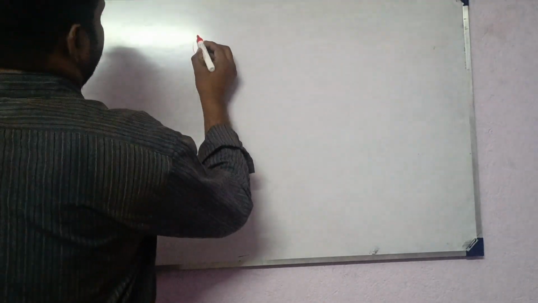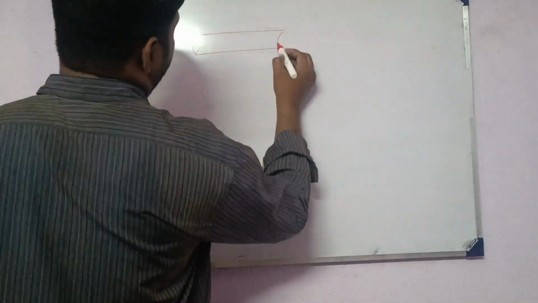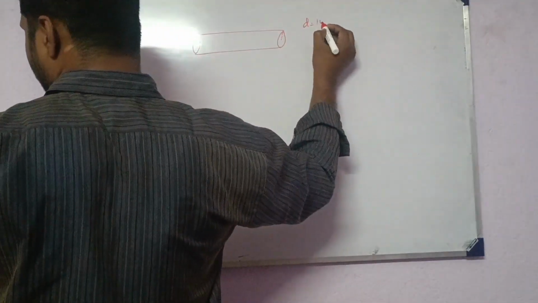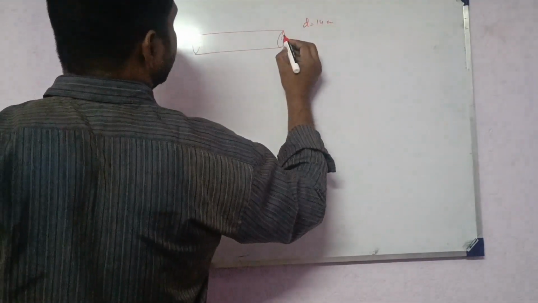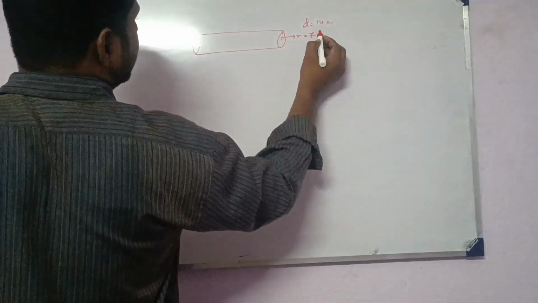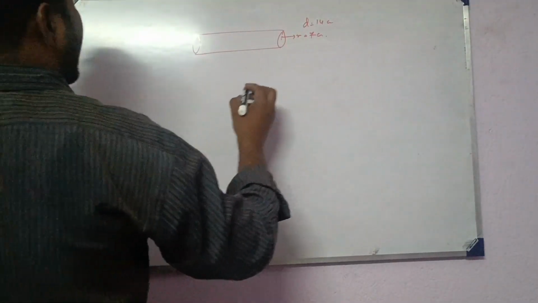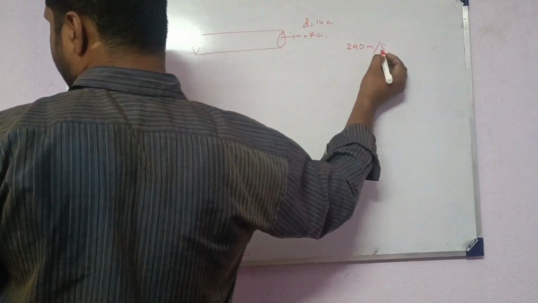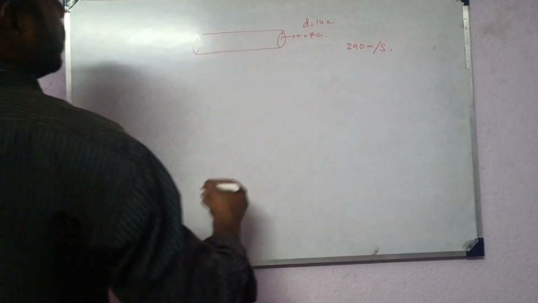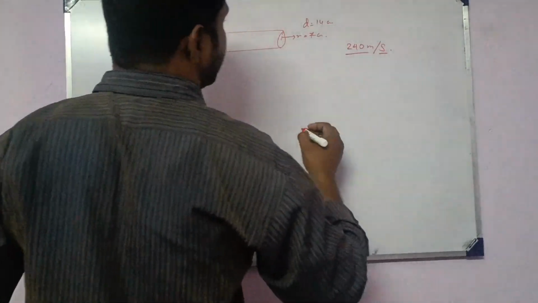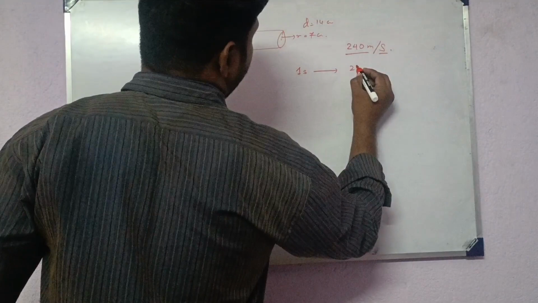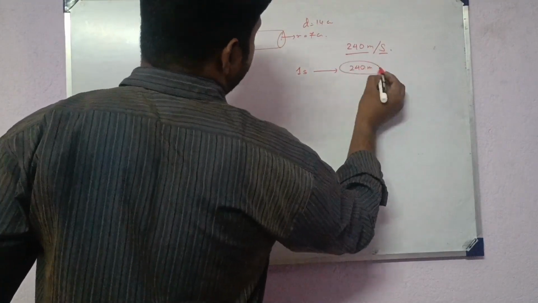So there is a pipe of diameter 14 centimeter, therefore the radius is 7 centimeter, at the rate of 240 meter per second. So 240 meter per second water যায়, মানে 1 second the length of water that will go is 240 meter.